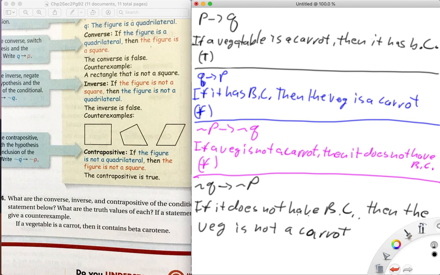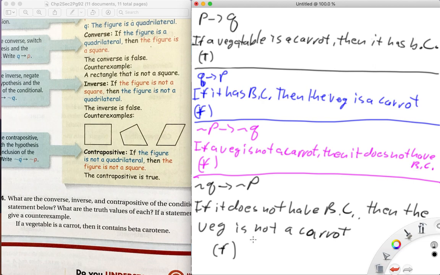Again, I have to make the hypothesis true and still make the conclusion false. I can't think of a carrot that doesn't have beta carotene, so that's false.